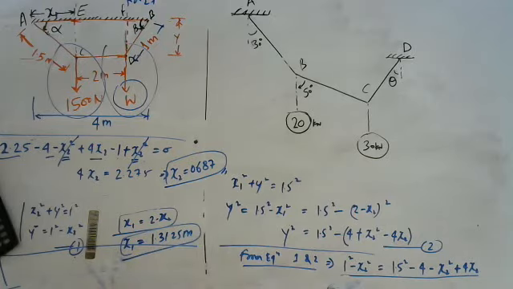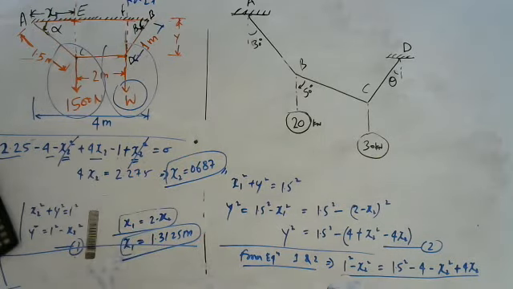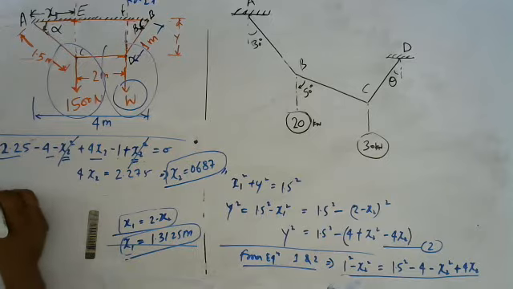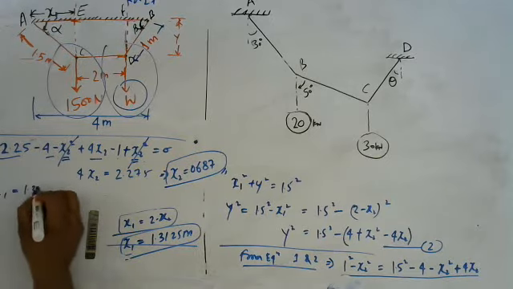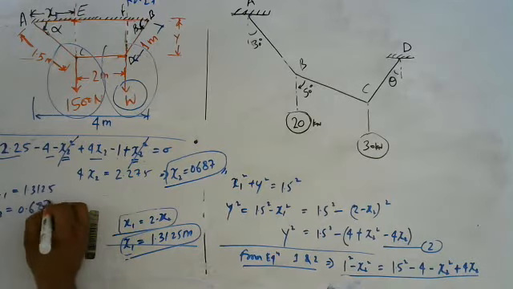That is a simple calculation, and now you can find out the various angles using x1 and x2. So now x1 is equal to 1.3125 and x2 is equal to 0.687.